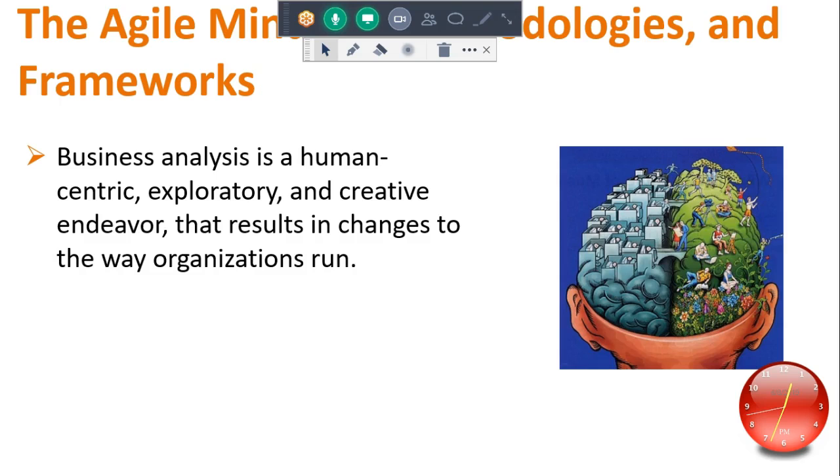Either that or applying artificial intelligence to help us develop a process to do requirements elicitation. Interesting concept. I have a hard time thinking of Alexa as doing business analysis, but I don't know.